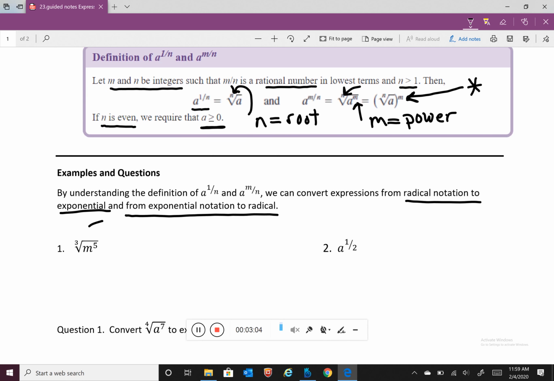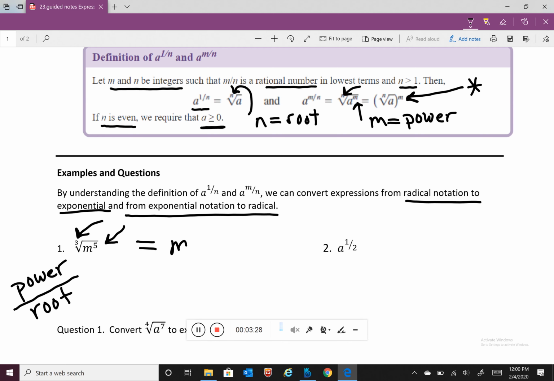So we want to notice here, our root is 3 and our power is 5. A good phrase to remember so that we can convert from radical to exponential is power over root. So the root is always our denominator and the power is our numerator.